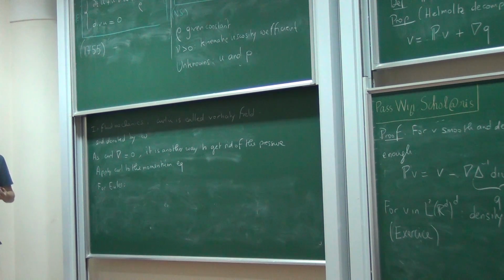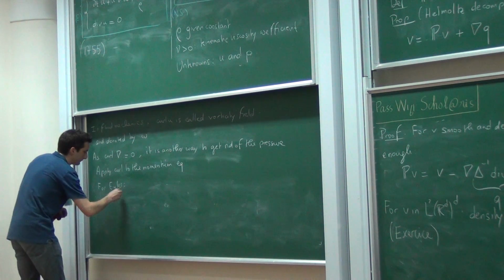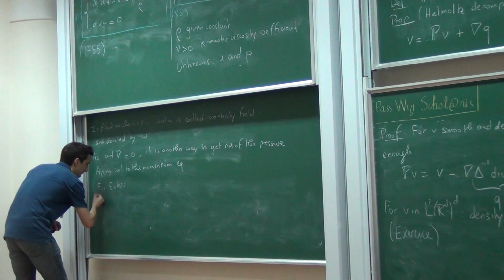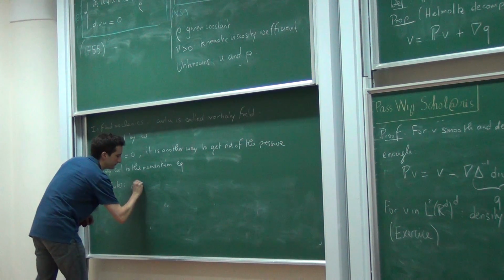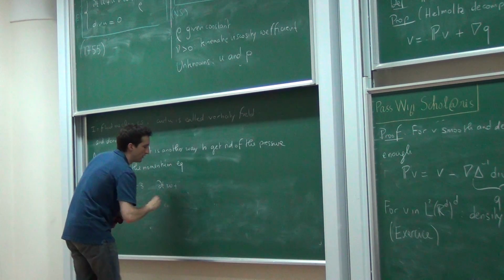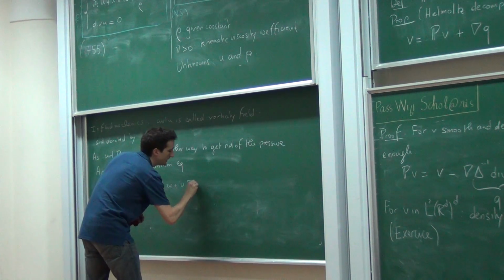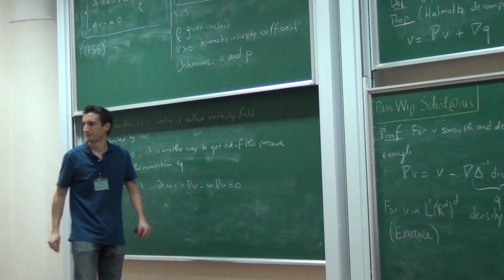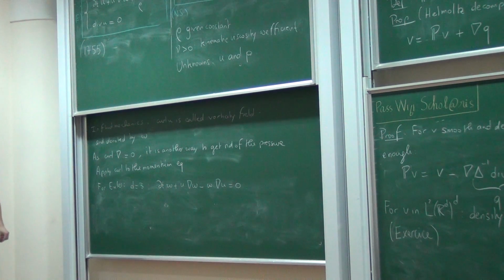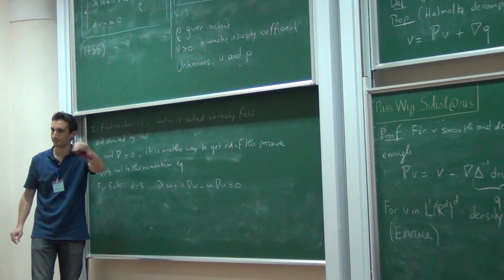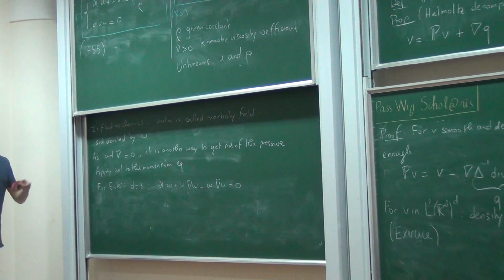Again, it depends on the dimension. For d equals 3, what you get is dt omega plus u dot grad omega minus omega dot grad u equals 0. So remember that in 3D, omega is a 3D field: omega 1, omega 2, omega 3.